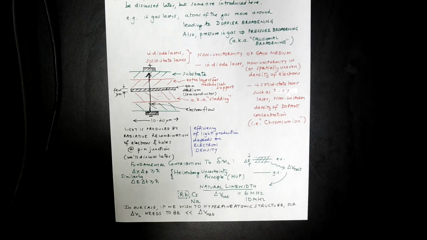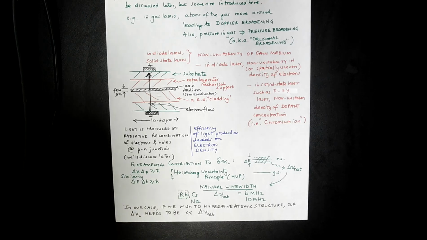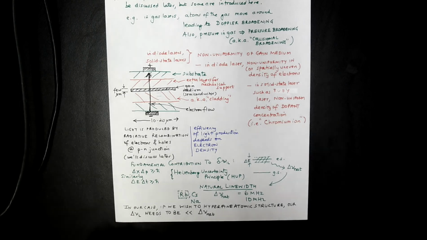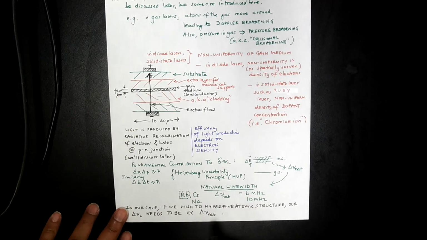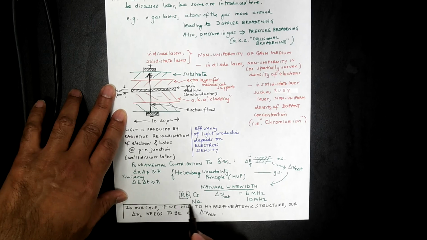And it's not that we're violating the HUP or anything. You always obey it, but you need to make the laser width smaller than this. So that's what sets our goal. We will discuss the diode laser line width in the context of this requirement, and that's what we will do in the next video.